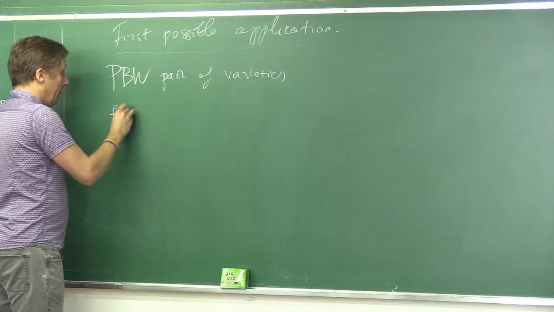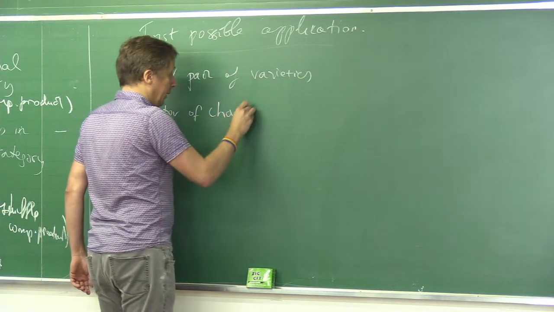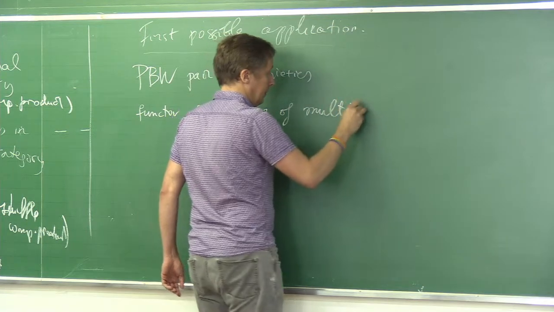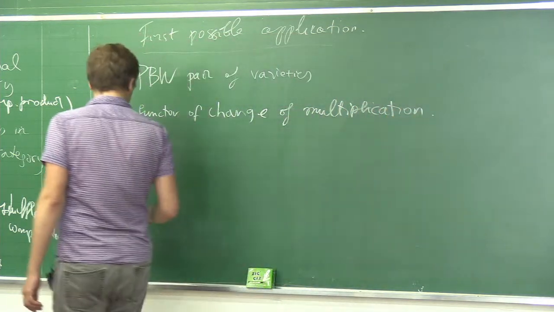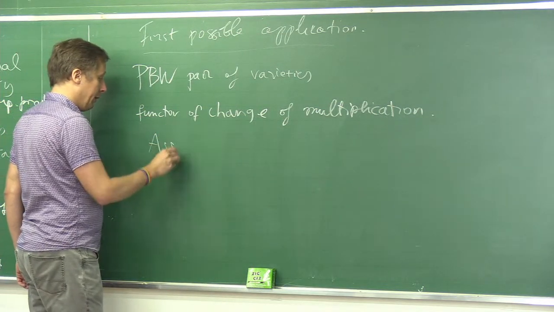This notion is related to the notion of a functor of change of multiplication. And let me start with that. First of all, let me give you a couple of examples and I'll give you the general definition.